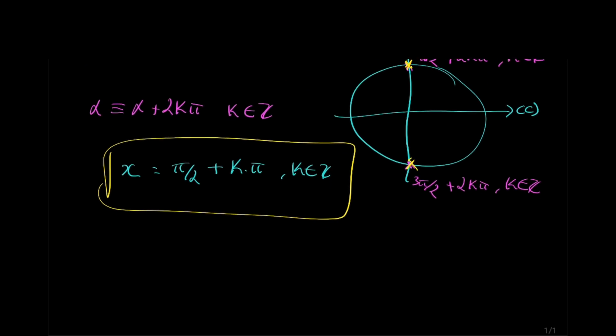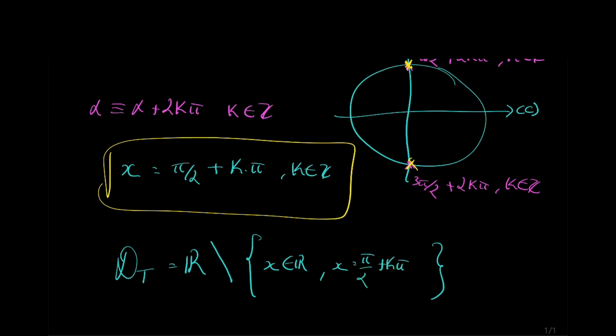And if I want to write this down as a set, I can say that our domain of definition D tan, of course at your level you don't have to write everything like that, but it is important for you to start to see it, because in university you will see it, is equal to all the real numbers, but I get rid of, so the backslash means getting rid of, the set of x in R such that x is equal to pi over 2 plus k pi with k in Z. So my domain of definition is all of R, without those points.